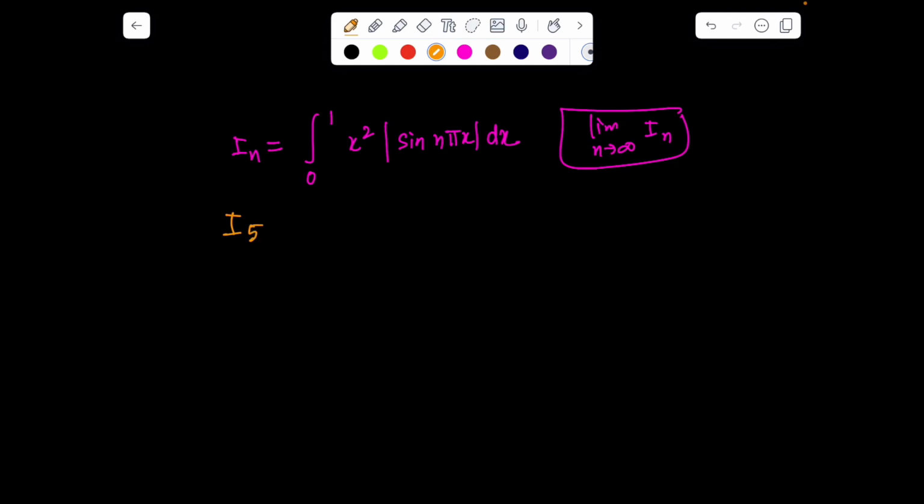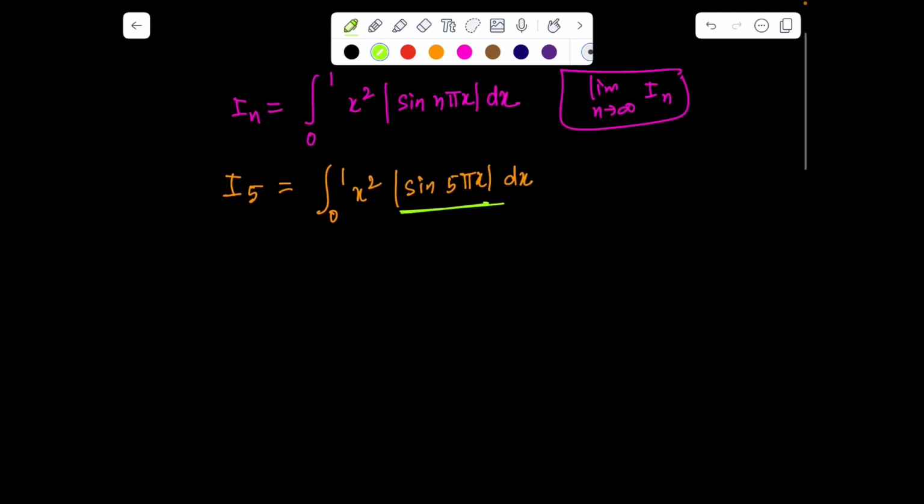Suppose we have I5, so it means the integral from 0 to 1 of x squared mod sine 5 pi x dx. Now we know this mod value will break at the point when the inside stuff is 0. So let's make sine 5 pi x equal to 0.